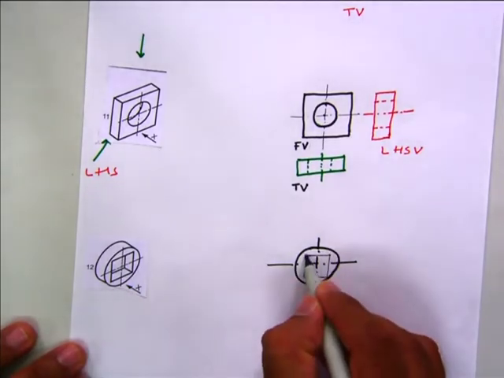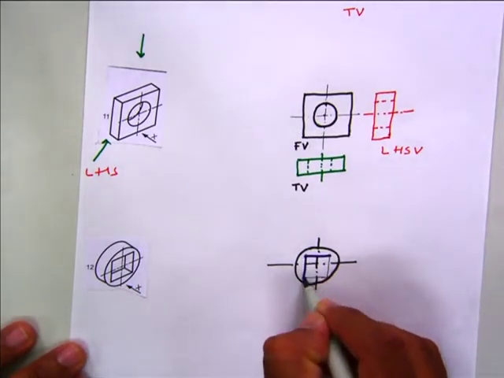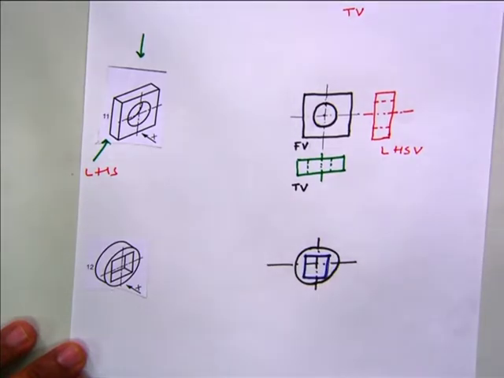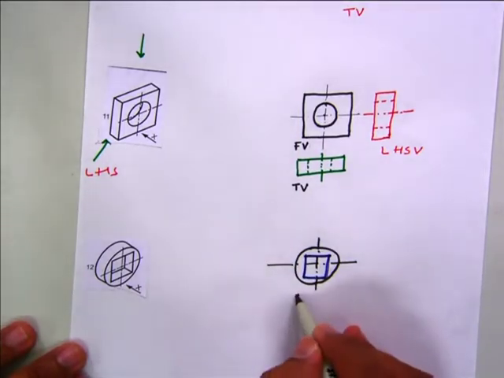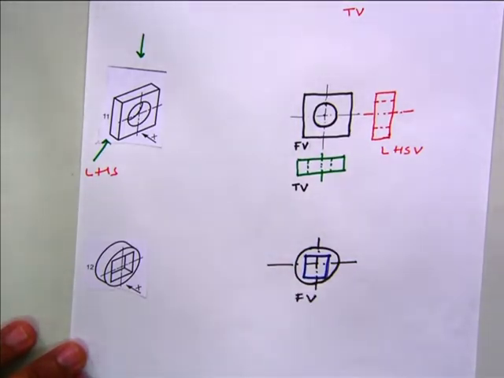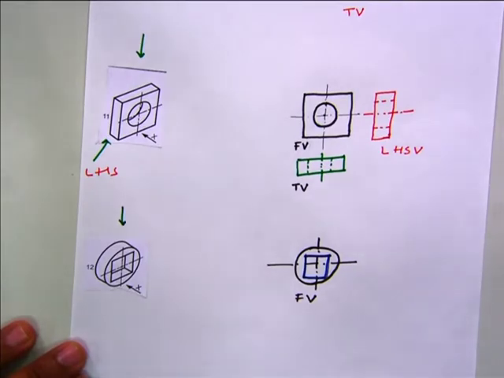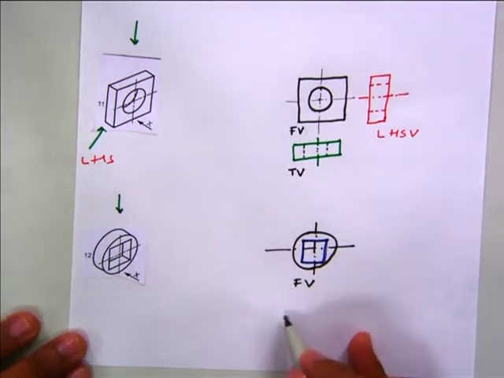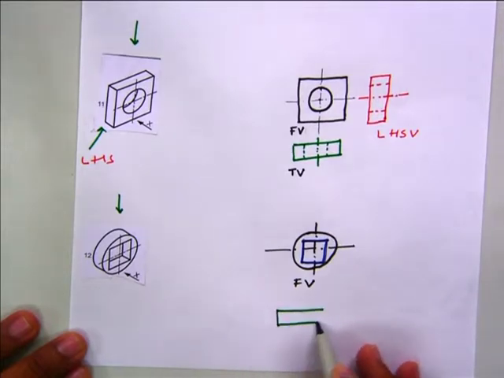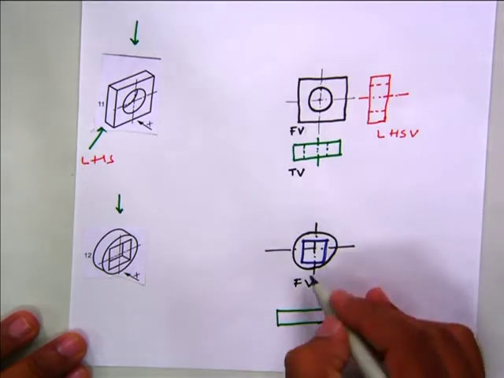This is the square. So this becomes your front view. When you are viewing from the top, the top view becomes like this.